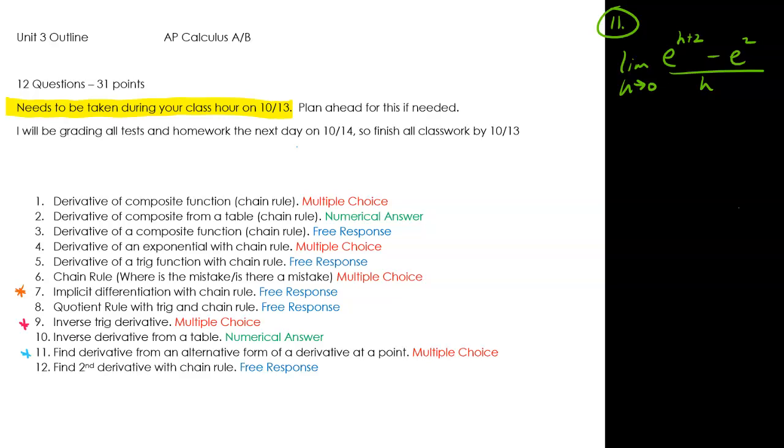Now this one's actually probably a lot more obvious. I'll come up with a totally different one here.